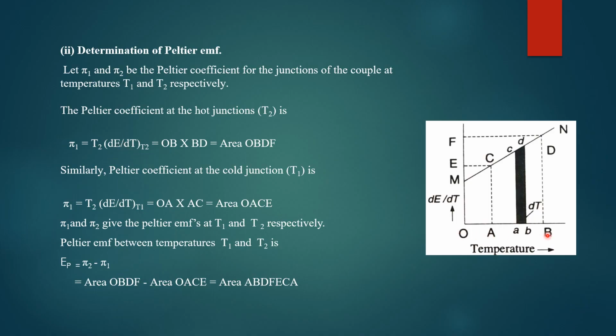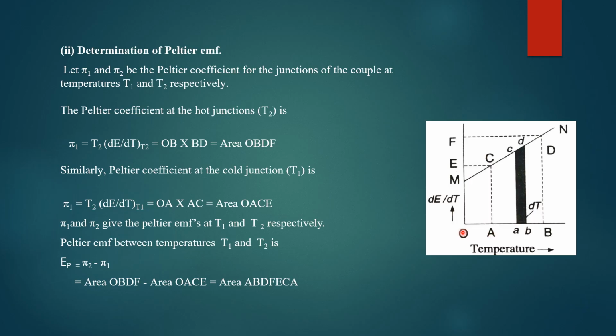That is OB into BD. Therefore, the area OBDF. Similarly, the Peltier coefficient at the junction T1 is pi1.